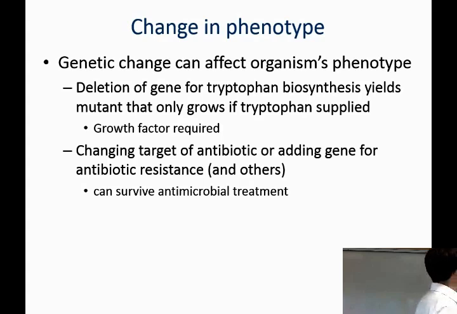If you could somehow change the structure of your cell wall so that penicillin no longer was affecting you, you would become resistant, right? So there is theoretically a way that you could develop resistance to antibiotics by making some mutation in your genome that then changes your structure and that whatever is being targeted is not there anymore.